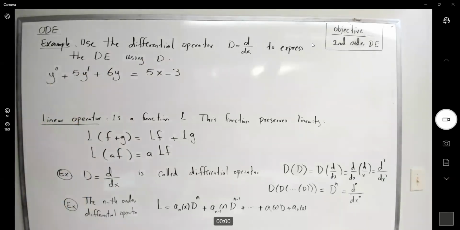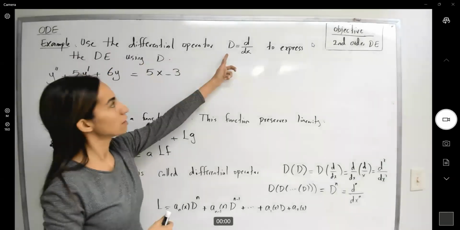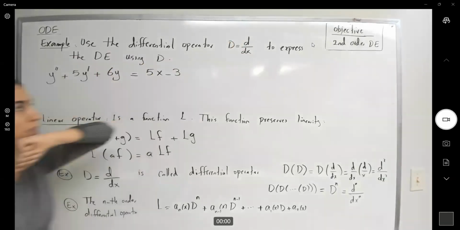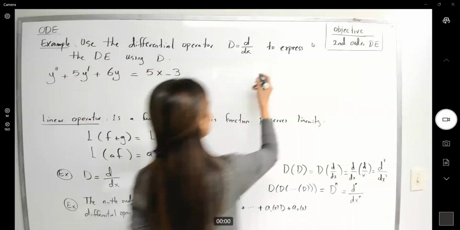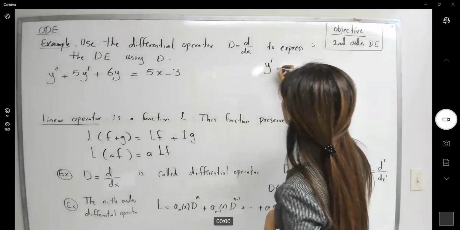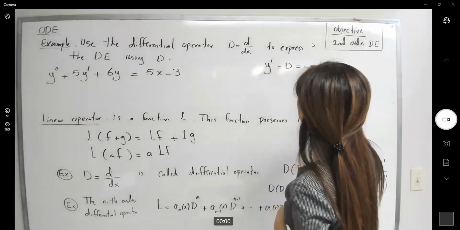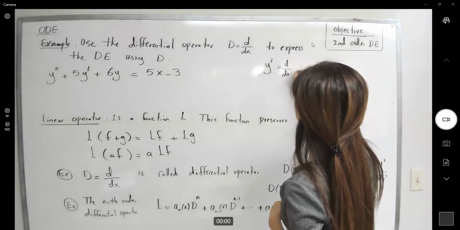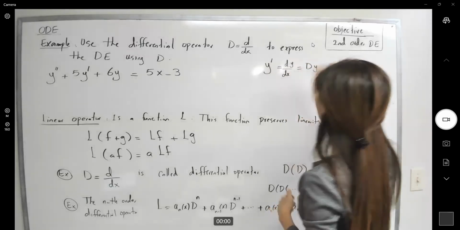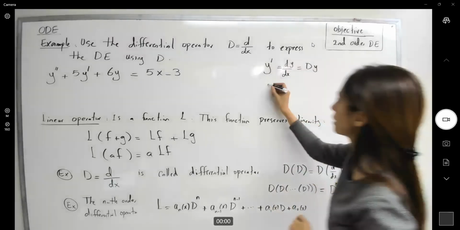Very good. So recall that the differential operator is d/dx. So take a look at this. y prime is d/dx of y, which is D of y. What about the second derivative?